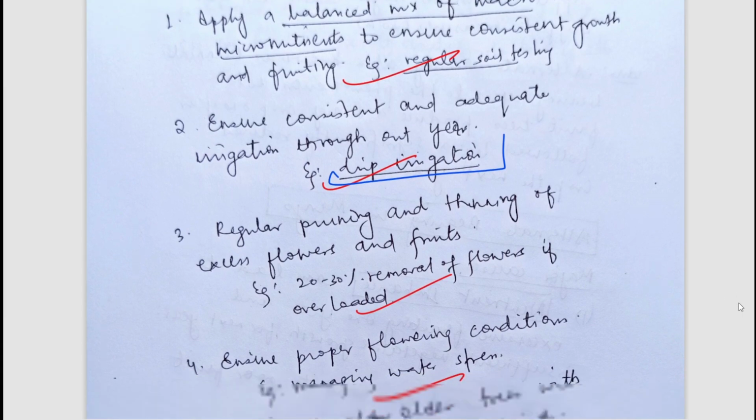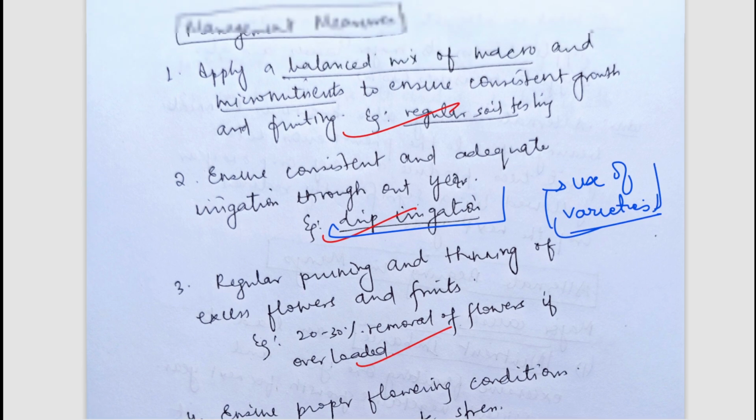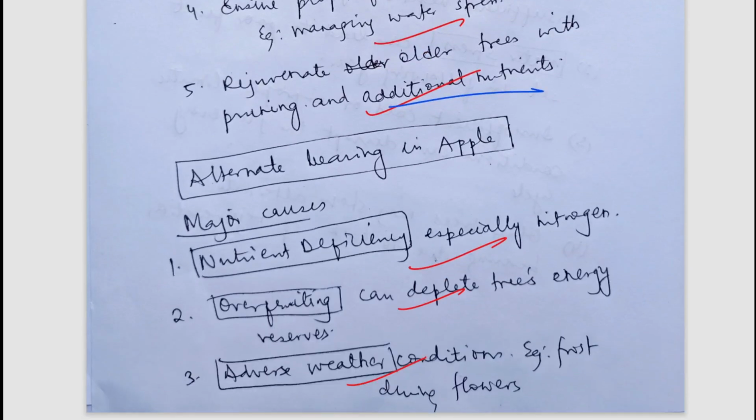And in management, you can also add one point, that is use of varieties which don't show alternate bearing. So there are certain varieties in mangoes which do not show alternate bearing, so those varieties can also be used.